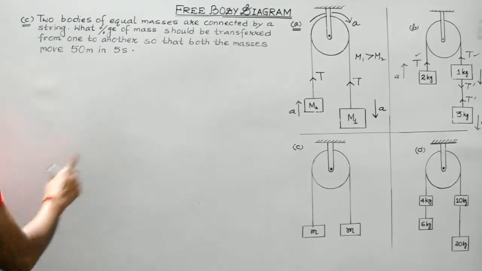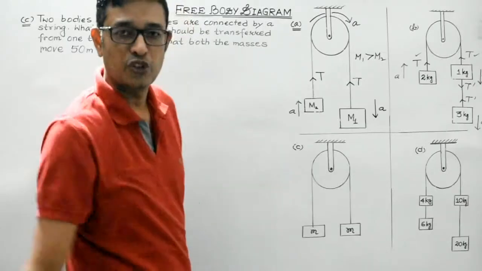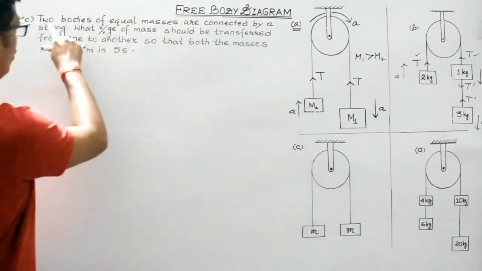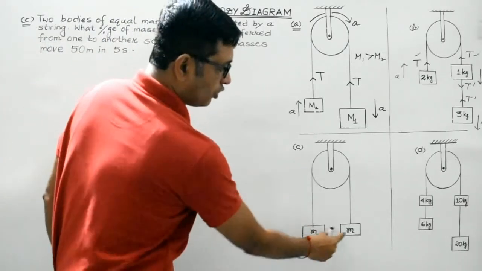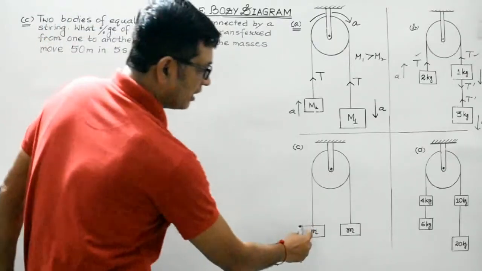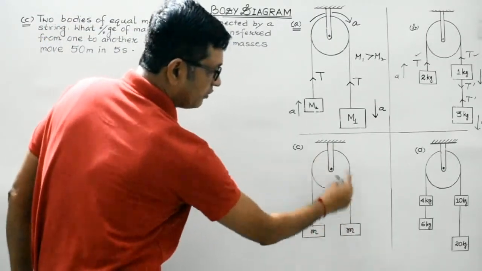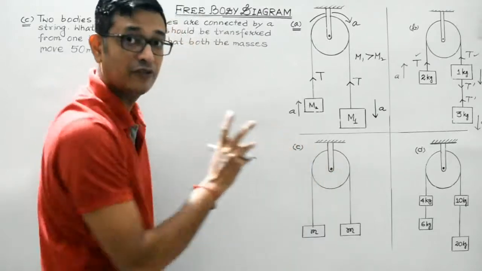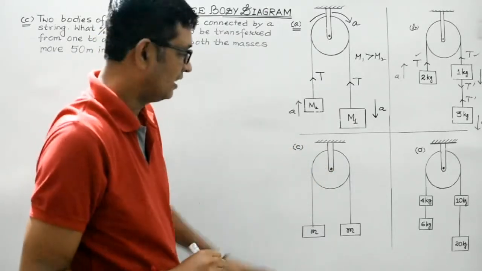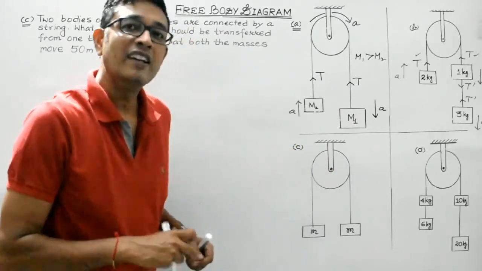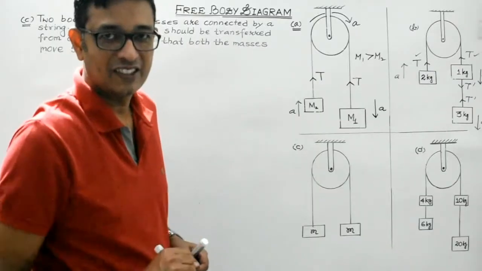Okay, students, now let's try this question. See, these are two bodies of equal masses. They are connected with the help of a string which is over this pulley, which is frictionless and massless, and the string is considered to be inextensible and massless, right?